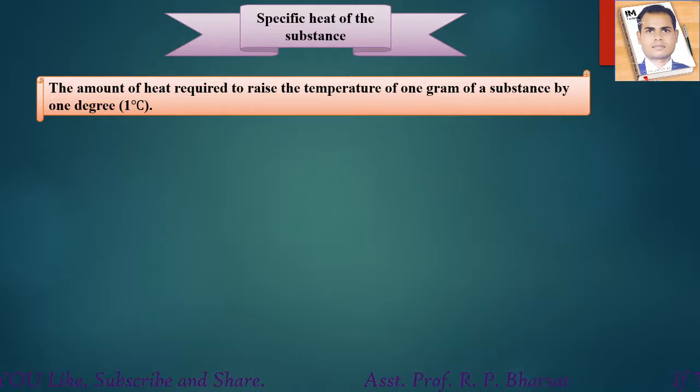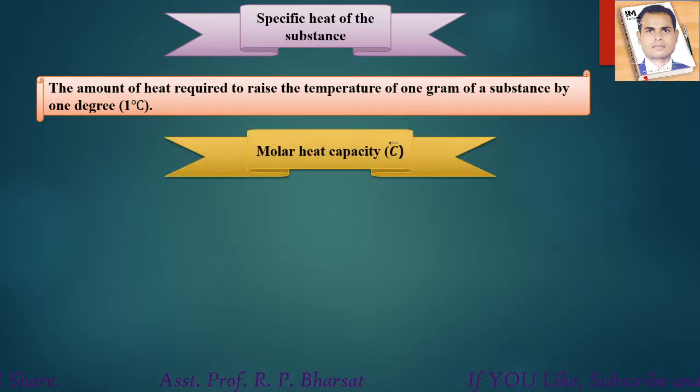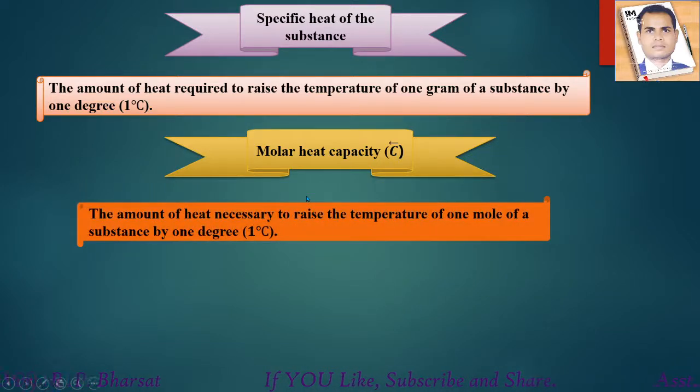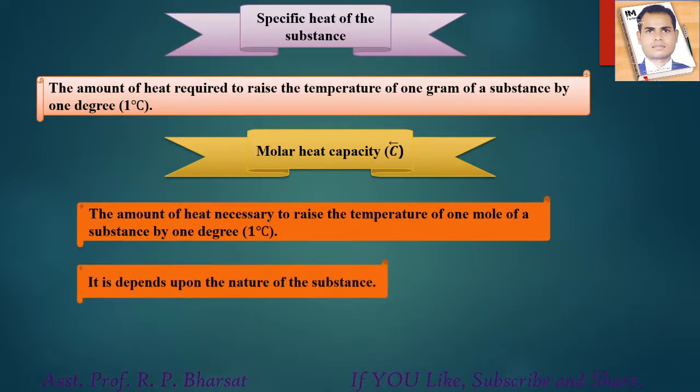Okay, like this the next topic is molar heat capacity or C bar. In this case it is the amount of heat necessary to raise the temperature of 1 mole of a substance by 1 degree, right? And it depends upon the nature of the substance.